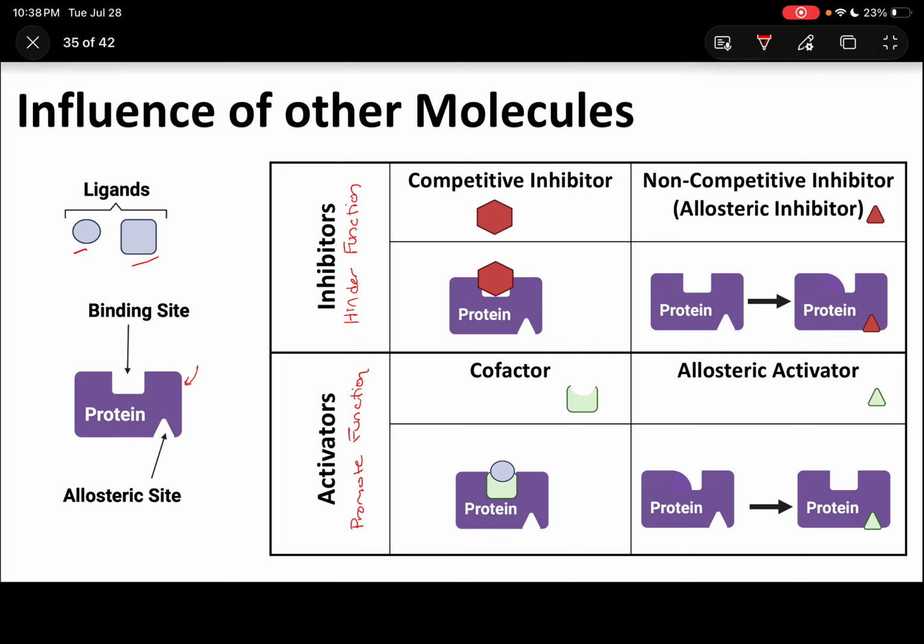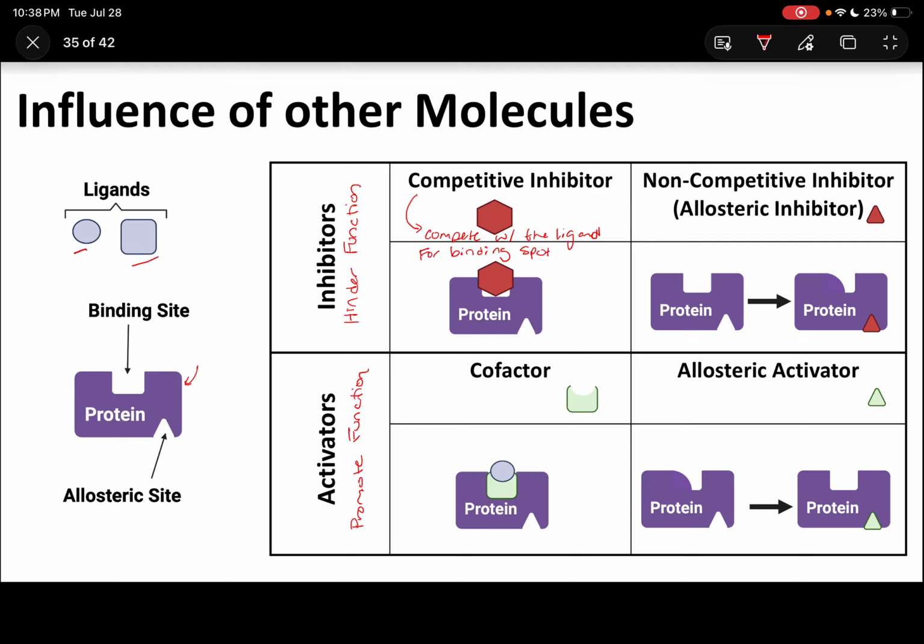And let's start with the inhibitors first and see what our options are for turning the protein off and making its function stop. Two different kinds of inhibitors will help us do this, one of which is called a competitive inhibitor. Basically, a competitive inhibitor is going to compete with the ligand for the binding spot.